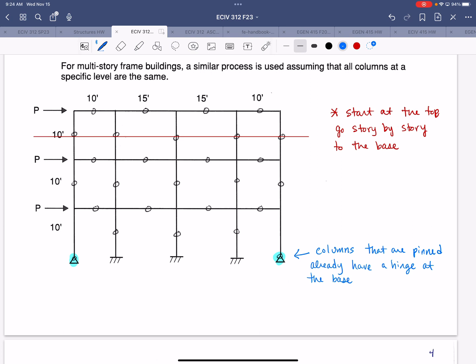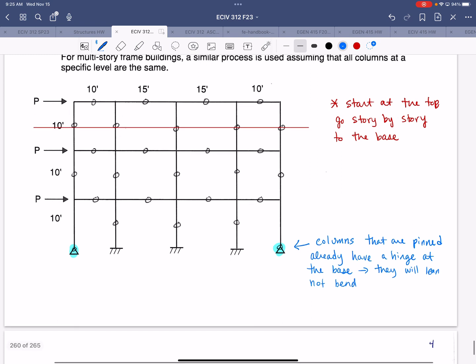So they will lean, not bend. And if they're not bending, there's not going to be an inflection point. So we don't put a hinge at the midspan.